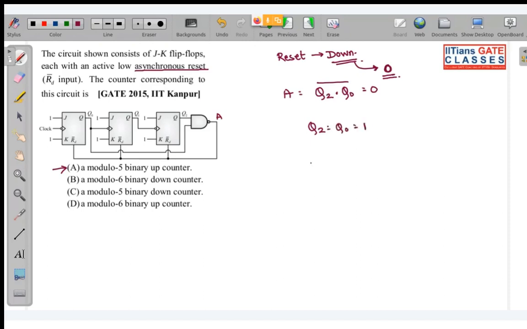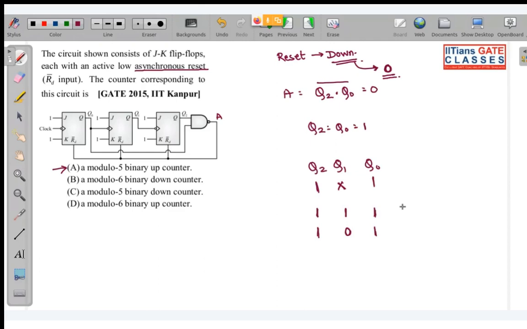So Q2, Q1, Q0: 1, 1, and this is complement. But when we are down counting, remember, have I done something incorrect? No, this is okay. So when we are down counting, either we will have this state or we will have this state.